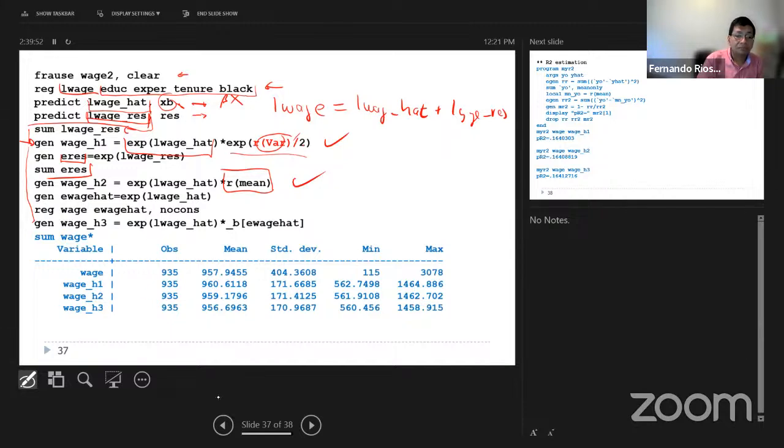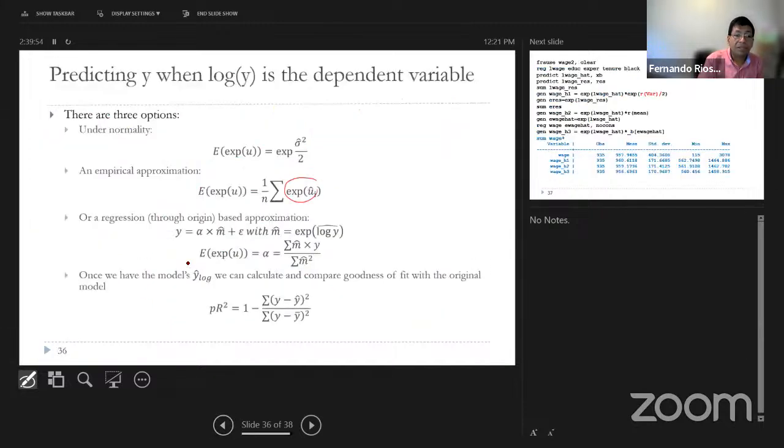Number 3, it says, run a regression of the original variable versus the exponentiated prediction of your model, and use the slope of the model as your approximation for the exponentiation of the parameter that we do not have access to.